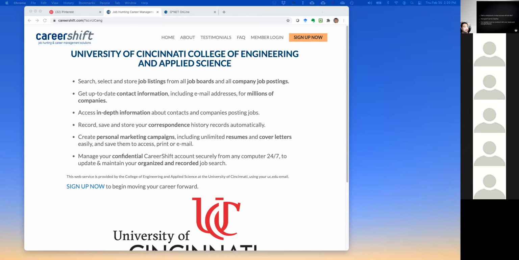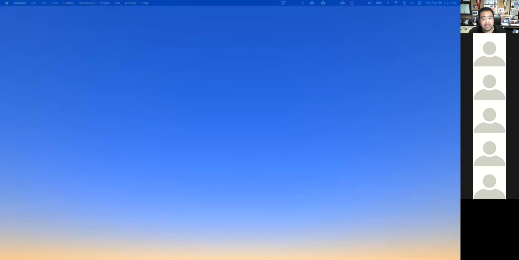And with that said, it's important to note that students in the College of Engineering and Applied Science have access to this. It is paid for by the college. And so, utilize it. It is a great resource.